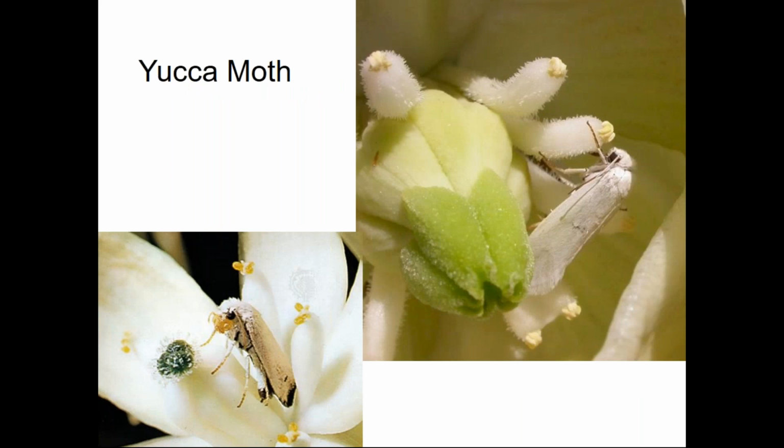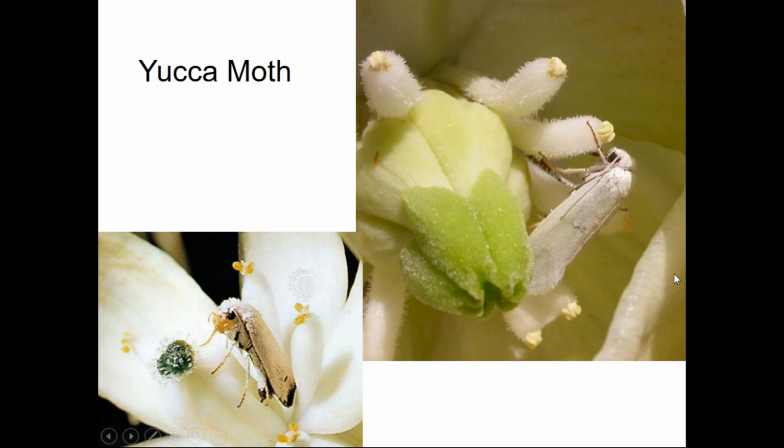One of the most special stories that you can tell in Joshua Tree is the story of the yucca moth and the yucca plant. And of course, Joshua trees are a type of yucca. So this is a story I guess every Joshua Tree park ranger should know and be familiar with. But we've got a few of these yucca moth species in the area, maybe up to 5 different species.